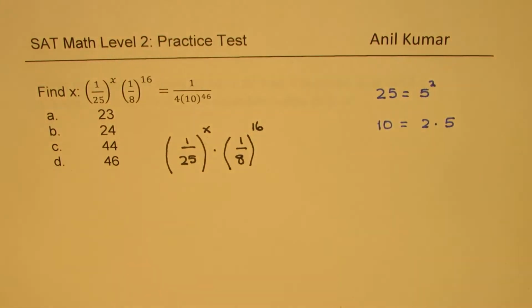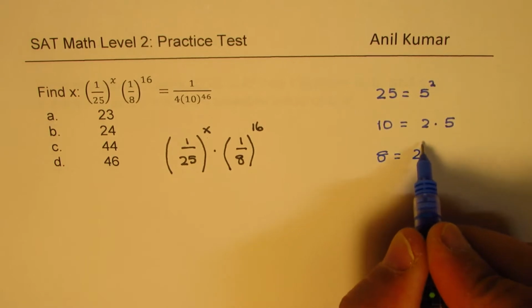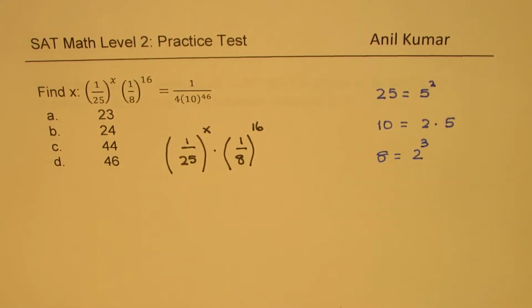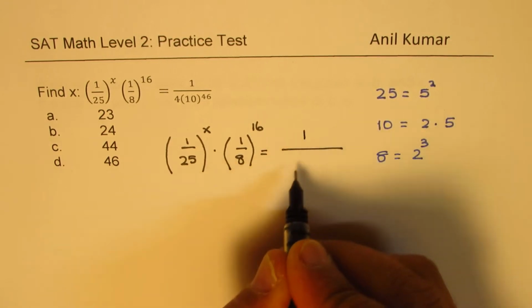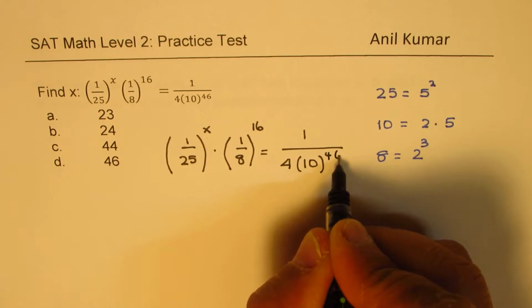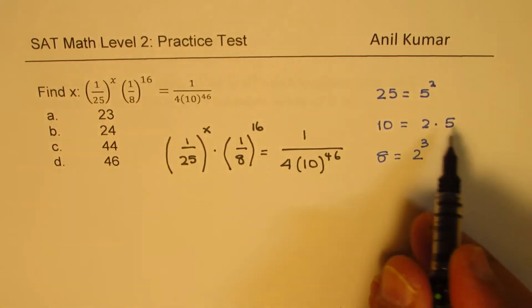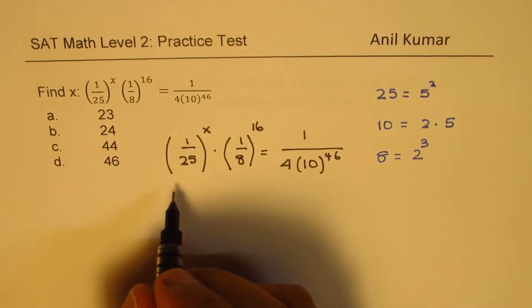Now what can we do about 8? Well, 8 can be written as 2 to the power of 3, right? Now all this is equal to 1 over 4 times 10 to the power of 46. So writing in these prime numbers powers is kind of important to understand.